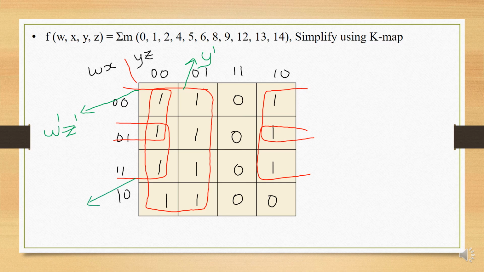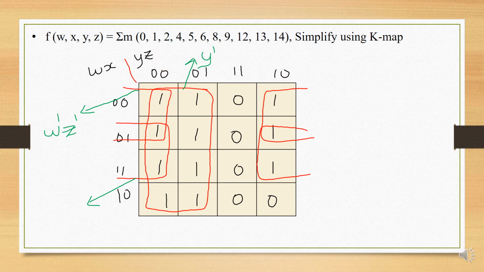This quad is occupied by these two rows and these two columns again. So let me check for the rows. When you check the rows, we have a constant value 1 for variable x. So we will consider that constant value for variable x. And in the columns, when we look into these two columns, we find that 0 is constant for variable z.